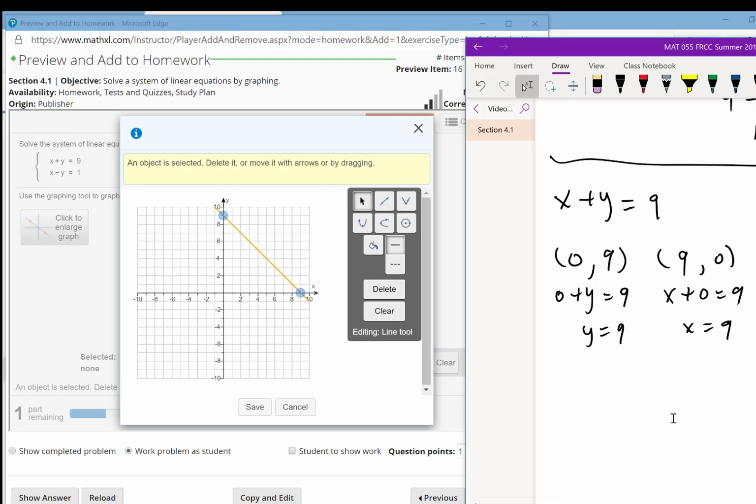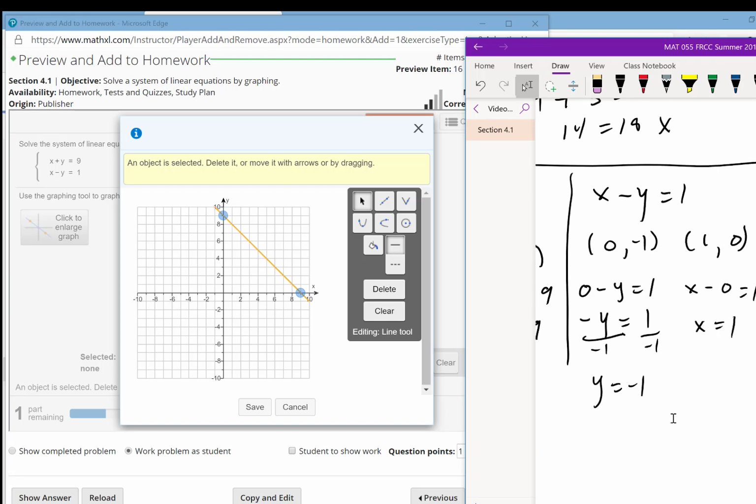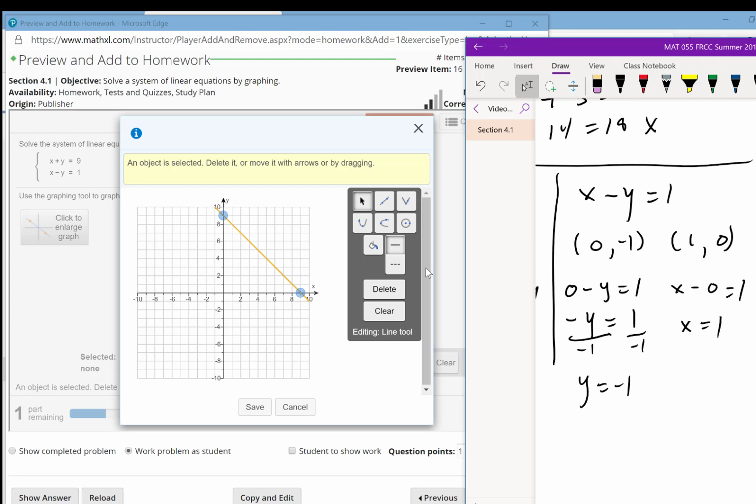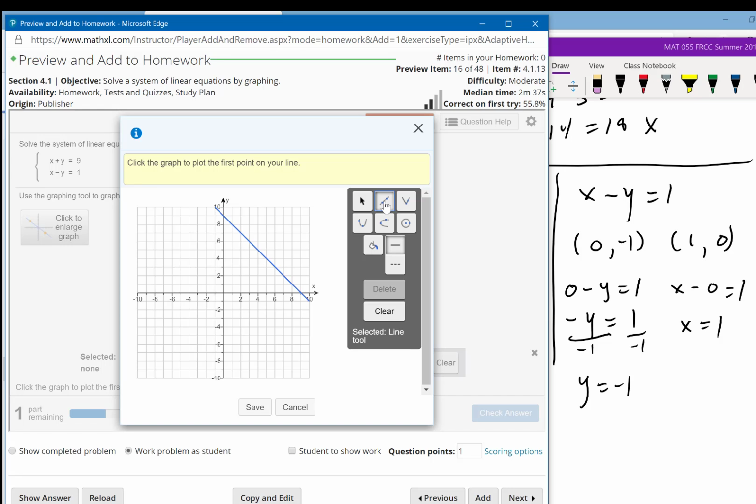Okay, so then I'll come over here, and now we'll use our graphing tool again. So go over 0, and then down -1. So there's that point. And then come over here to 1, 0. And there's that point. Okay.